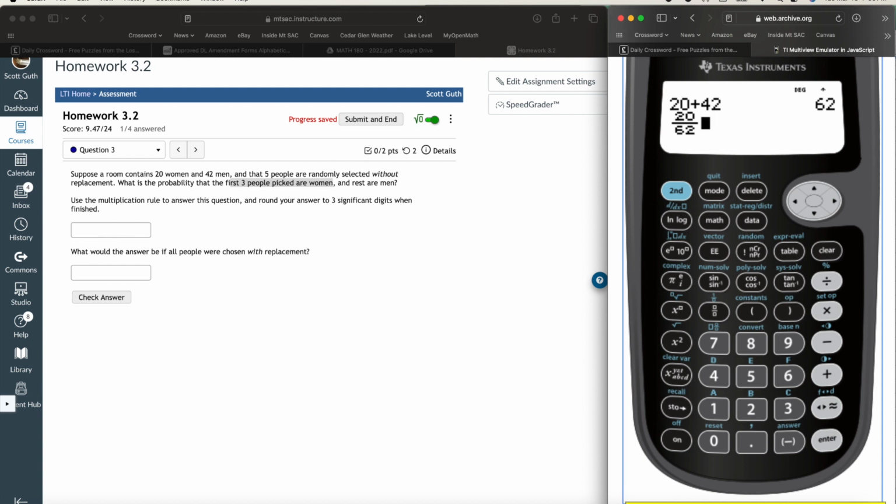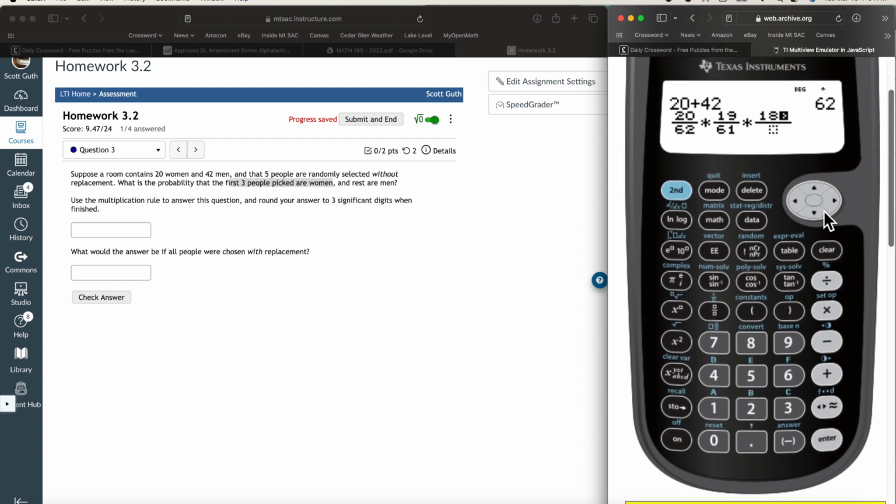The next person has to be a woman also. So I'm going to multiply by, now there's only 19 women left out of 61, like that. And then the next person, also a woman. So there would only be 18 women now out of 60 people. Okay, now the next 2 have to be men.